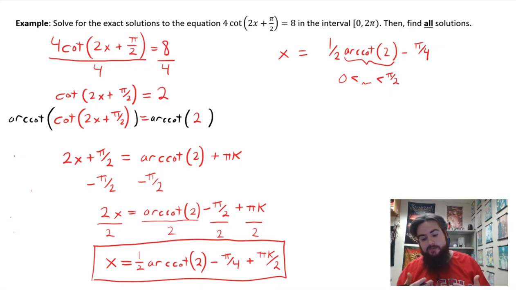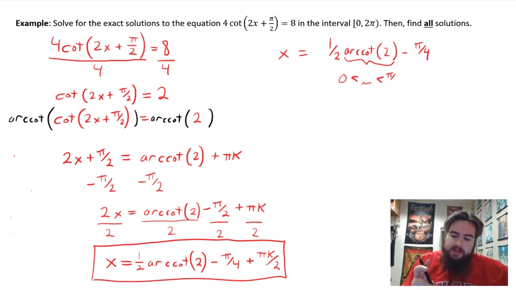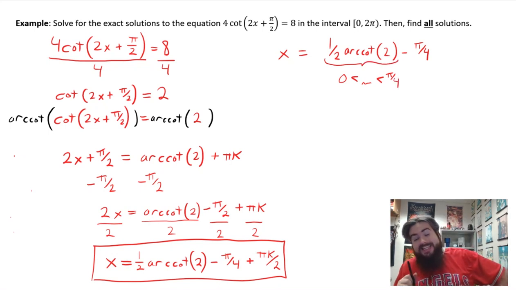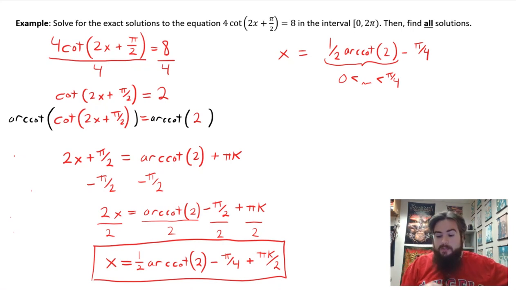If I cut that in half, that means that this now would fit between 0 and pi fourths. Specifically, it's less than pi fourths. So if I have an angle measure less than pi fourths and I subtract pi fourths from that, that is not between 0 and 2 pi. So that's going to be at least slightly negative.